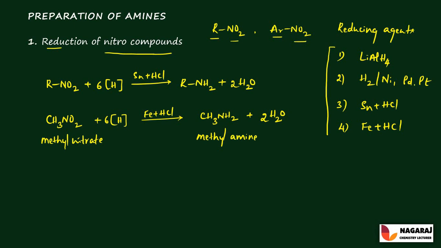it gives methylamine. For example, let us take aromatic nitro compounds, that is C6H5NO2. This compound is called nitrobenzene.